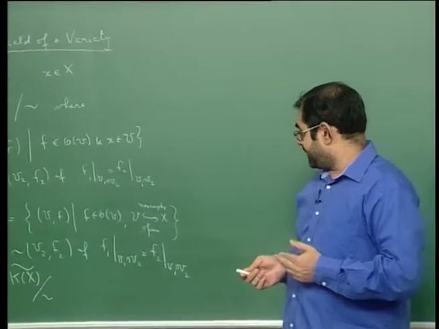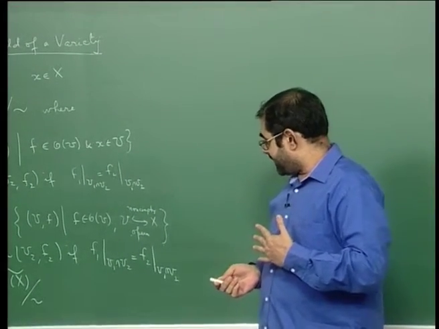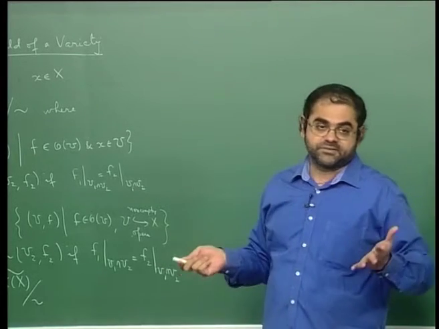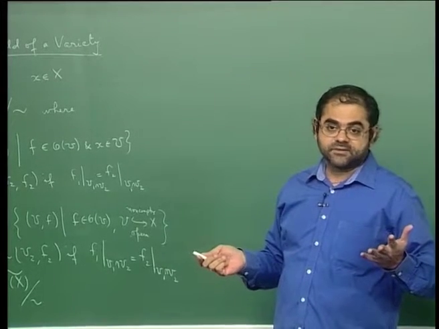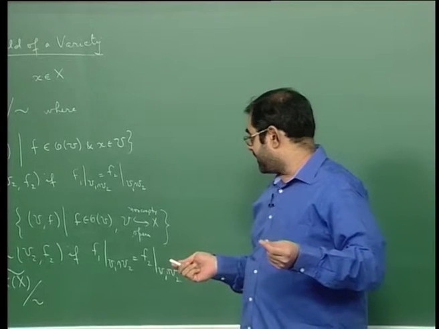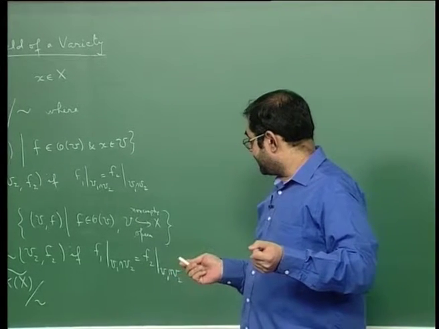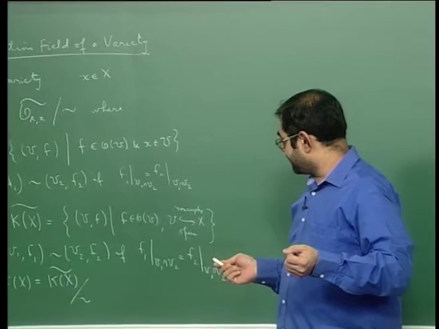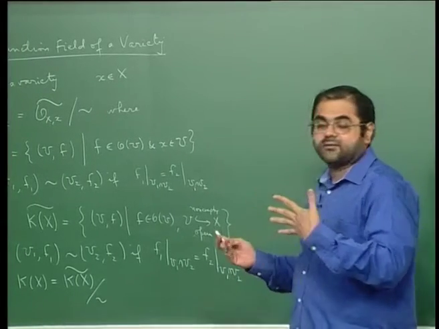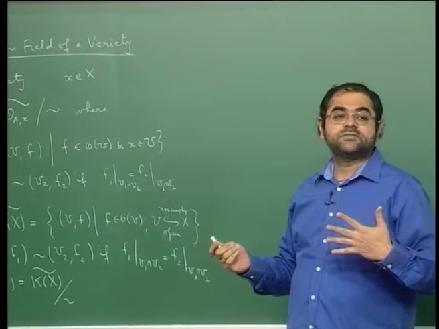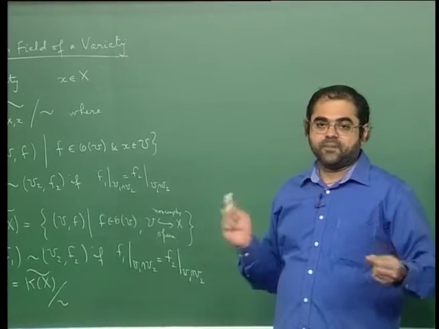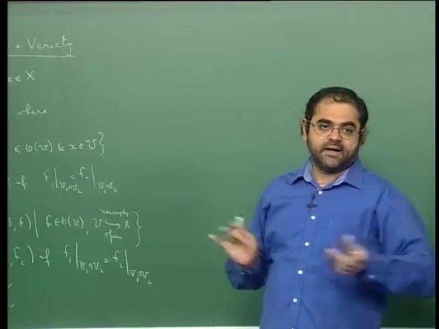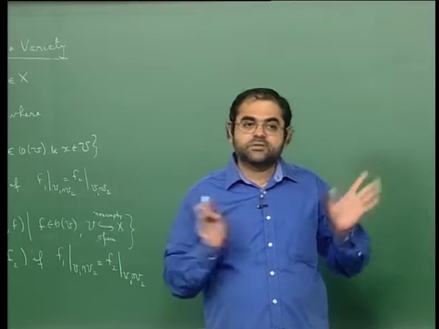rational functions. Basically they are to be thought of as functions that are regular on an open set. That is how you should think of rational functions. A rational function is nothing but a regular function on an open set.